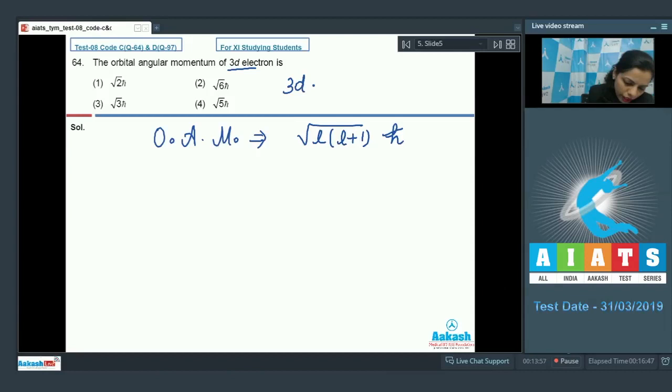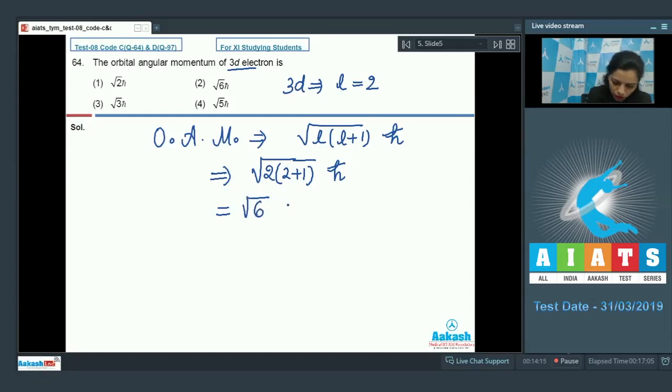So for 3D, the value of L is 2. In this way, the orbital angular momentum becomes root 2 into (2 plus 1) H cross, and this is equal to root 6 H cross. This value is correctly given here in option 2. So the answer for this question also becomes option 2. After that, there's another question.